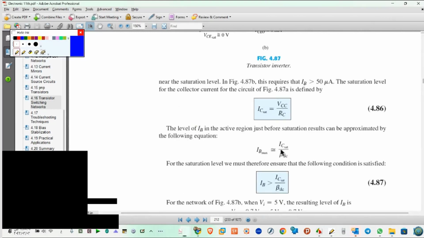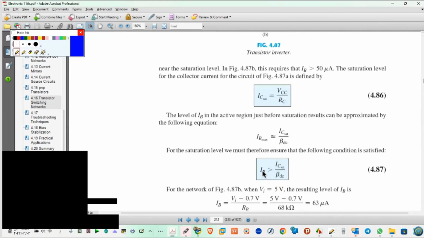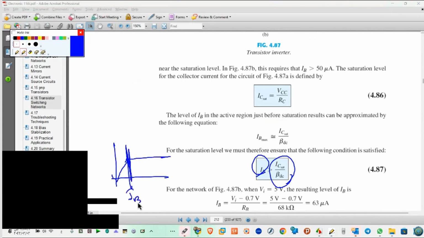IB max is IC saturation over beta DC. Then I will calculate IB. See, this is IB and this is IB max. IB should be bigger than IB max. I explained to you why this point is IB max. So to work in saturation, IB should be bigger than IB max.